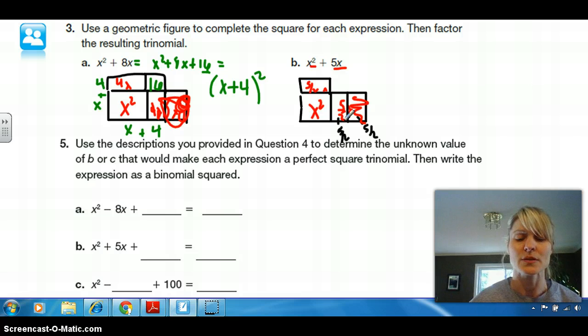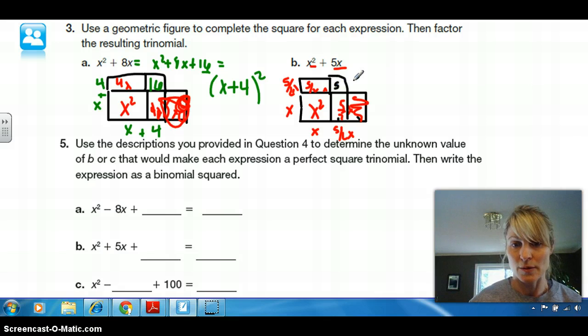So again, I want to think about x times x is x squared. Now how do I get this to be 5 halves x? Well, it's 5 halves times x. So this is 5 halves x, and this is 5 halves x. And then we want to finish up the square by adding this here. And then 5 halves times 5 halves is 25 fourths.